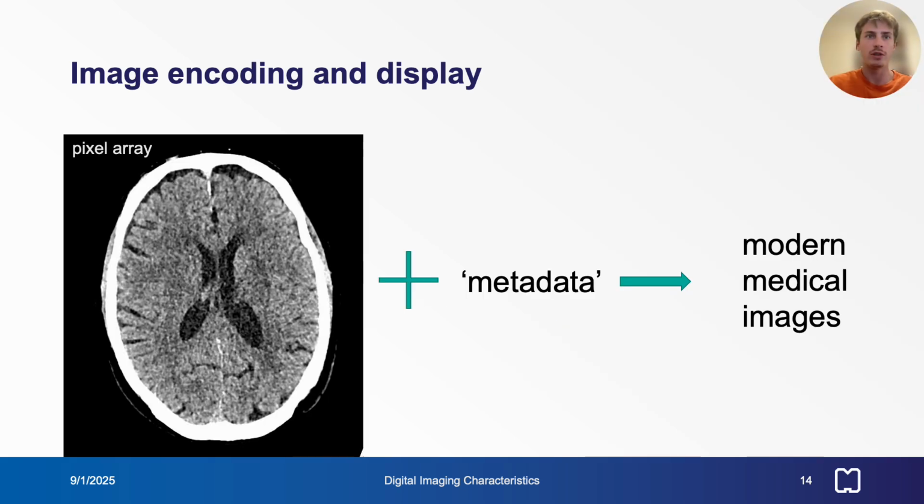In a medical image, the encoded pixel values are distinct from the information that describes the characteristics of the pixel data, or what's known as metadata. To interpret the pixel data, the recipient needs metadata that describes the dimensions of the pixel array, the number of channels per pixel, the physical spacing of pixels, the number of bits used to store each sample, the photometric interpretation of each pixel, and so on.